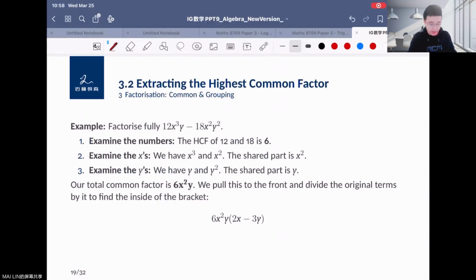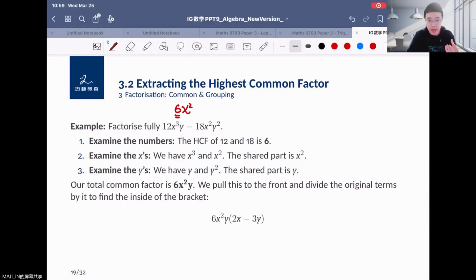Maybe here you can find 12x cubed y minus 18x squared y squared. You can find here we have 6, and 6 is a common factor between 12 and 18. For x, x cubed and x squared both have a common factor x squared.